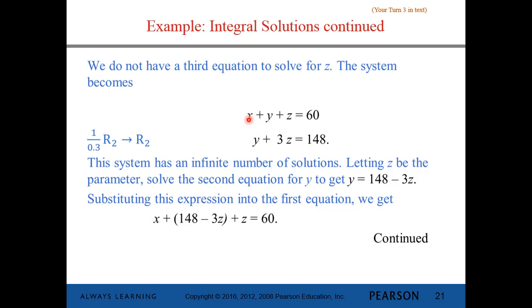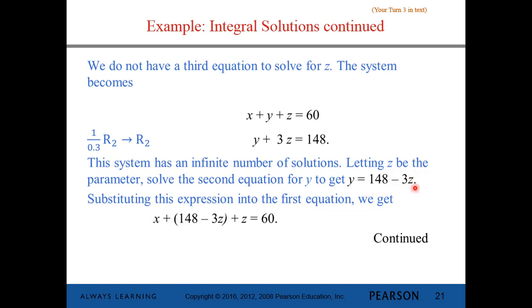Okay? So now, how do we do this? Well, we're going to back substitute. So if we say z is our parameter, we're going to solve for y. So we know y has to equal 148 minus 3z. So now this is our rule for y.